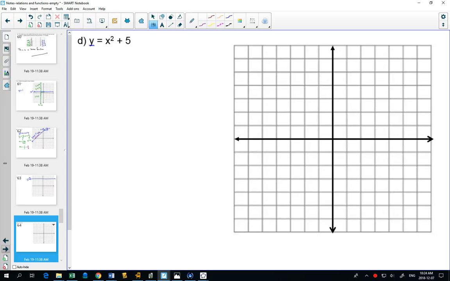5 and 1. So when x is 1, will y be 5? You're close. When x is 1, y will be 6. 1 and 6. Pick someone for the next point.